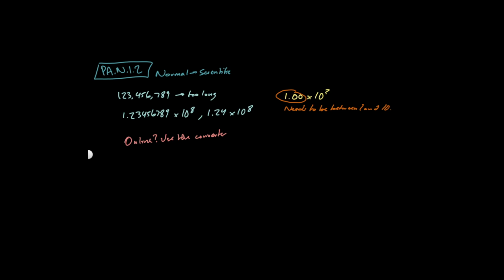If it's not, it's okay. You just have to type it into the calculator or the converter. Turn it into scientific so you'll always know what it is. If it is between 1 and 10, then the number is scientific. If it's not, then you need to find out what it is, especially if you're trying to compare the numbers.